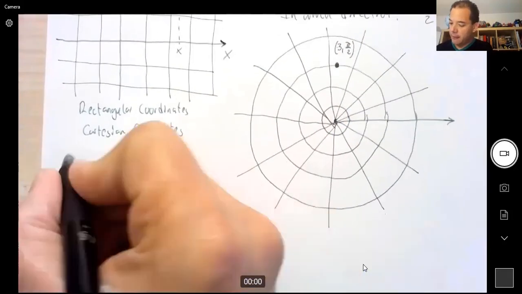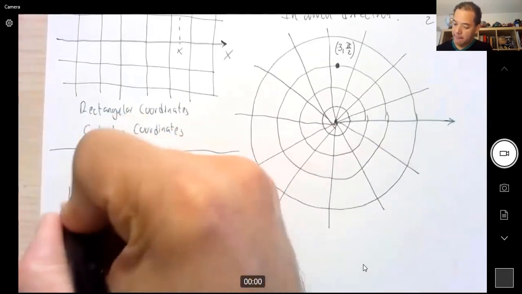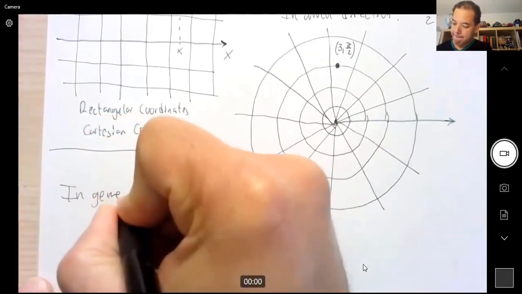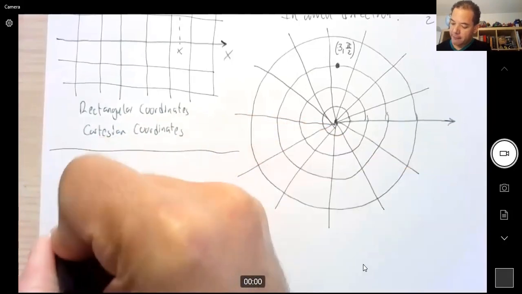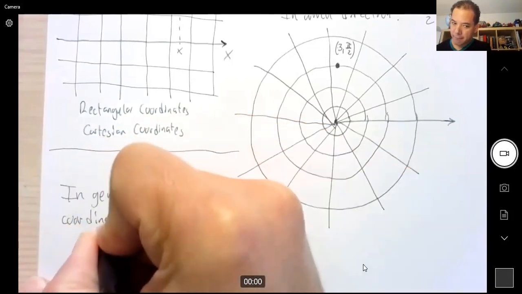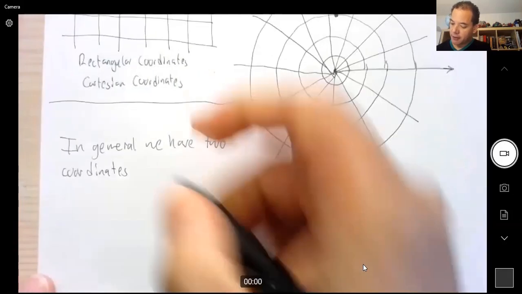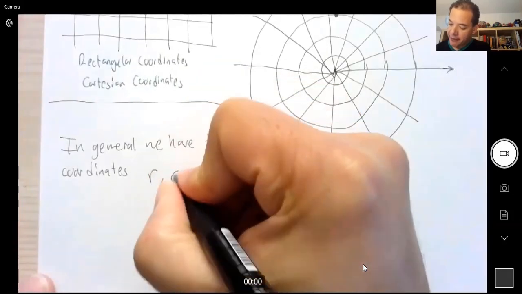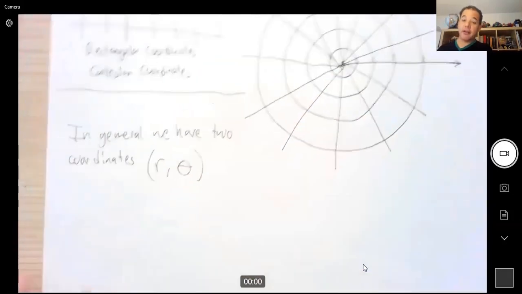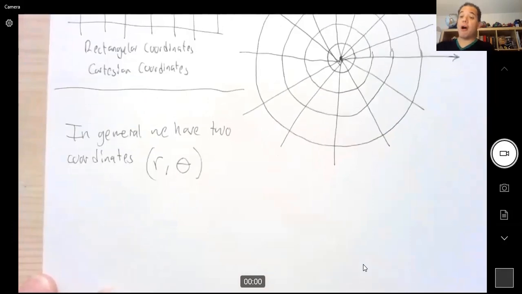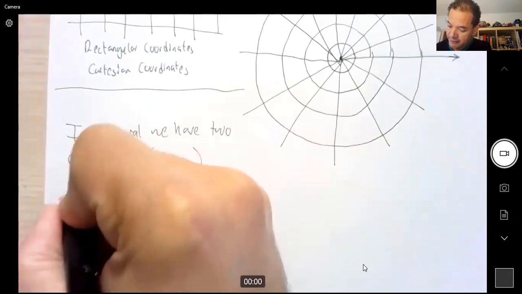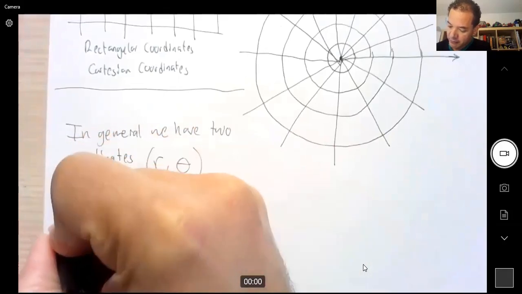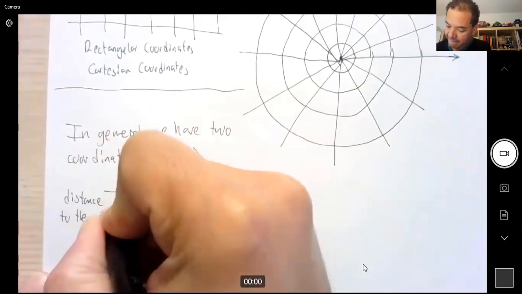So in general, we have 2 coordinates, r and theta. The r tells you how far it is from the center. Distance to the center.